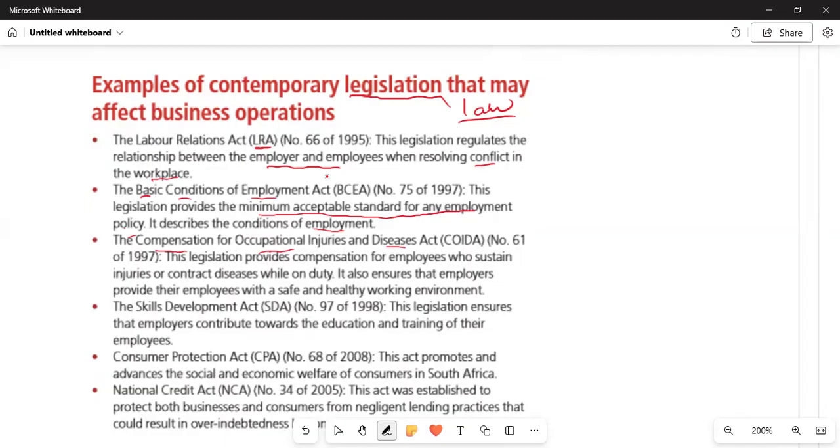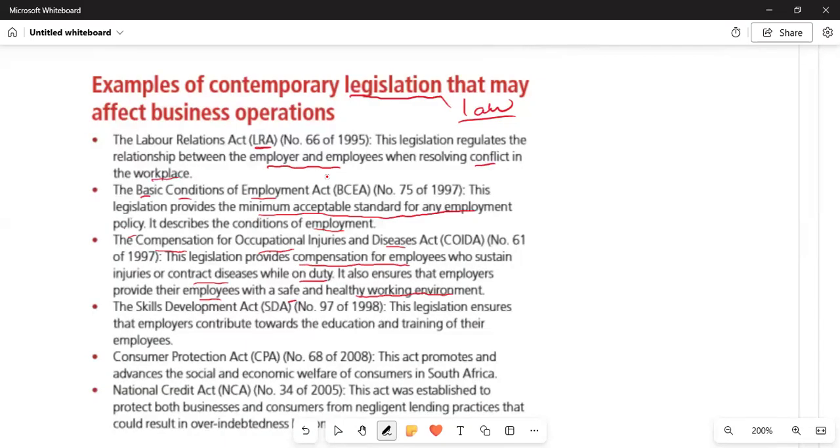This provides compensation for employees who sustain injuries or contract diseases while on duty. So they need to be protected and compensated if they find themselves injured at the workplace. It also ensures that employers provide their employees with a safe and healthy working environment.